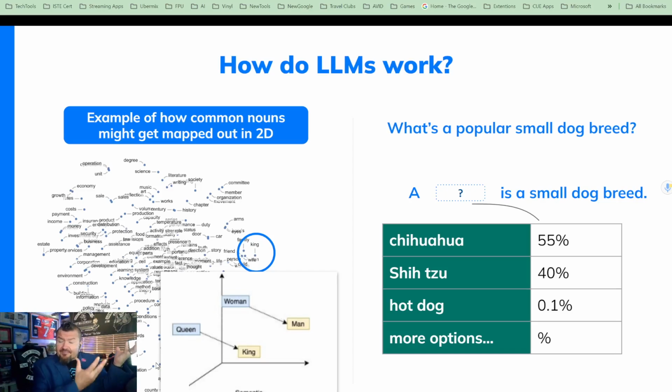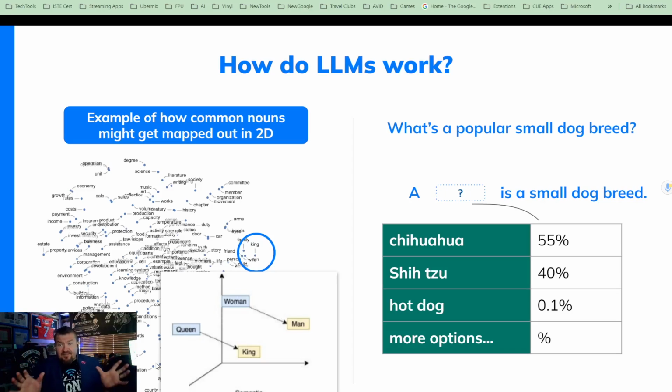Maybe it'll take some more information that you have in your question to help tilt the scale a little bit more on answering Chihuahua versus Shih Tzu. Right? So this is how these large language models work. It tries to finish your sentence, just like predictive text on your phone, but at a much more massive scale.